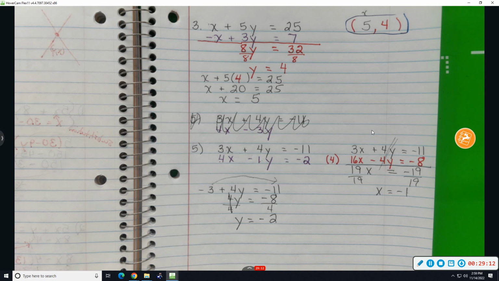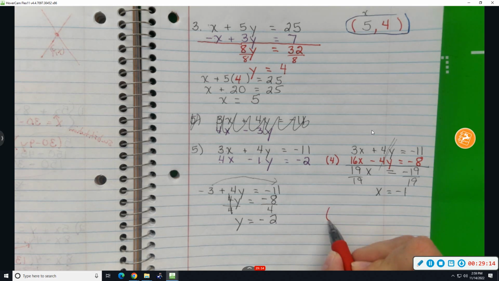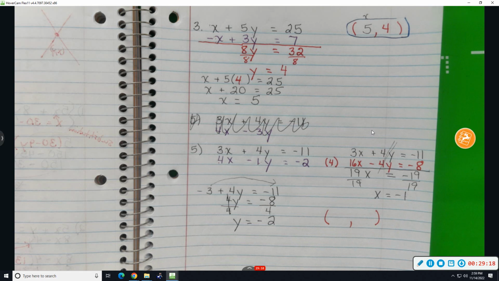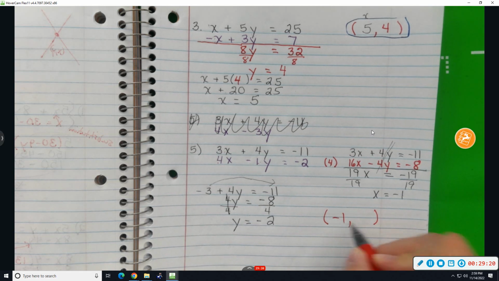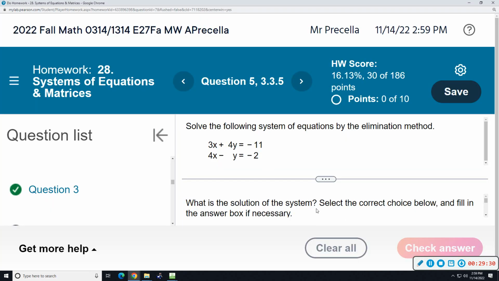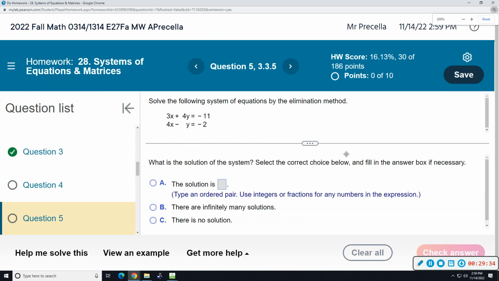So you type an ordered pair. What am I going to type as my answer? Negative 1, comma, negative 2. Good. Negative 1. Oh, let me get it small enough. Okay.